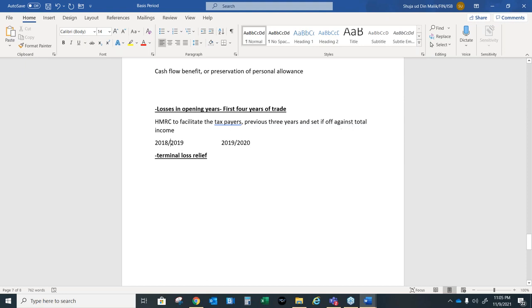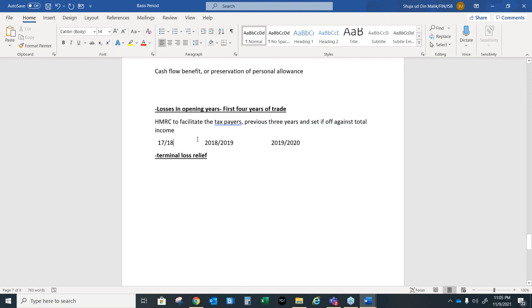So in 2018/19, if you were trading and there was some trading income, some property business income, some interest income or any other income, you could have set it off against that. But if you go beyond 2018/19, I take an example of 2017/18. There was no trade existing in 2017/18, but the HMRC is facilitating the taxpayers.